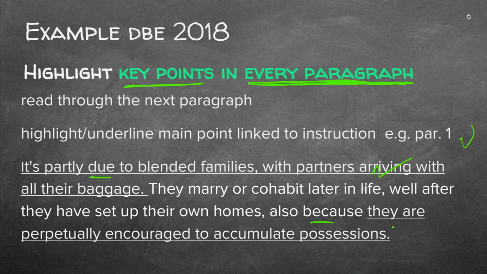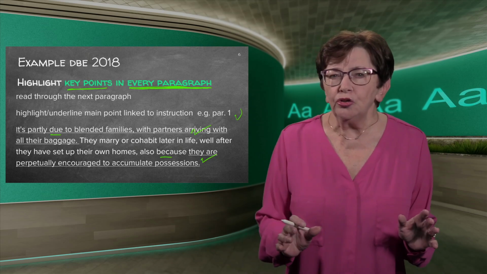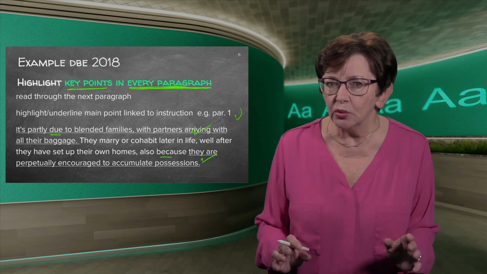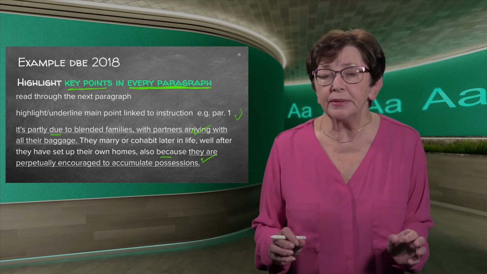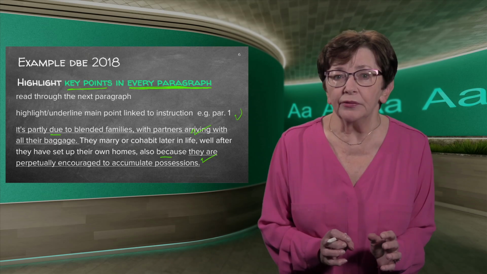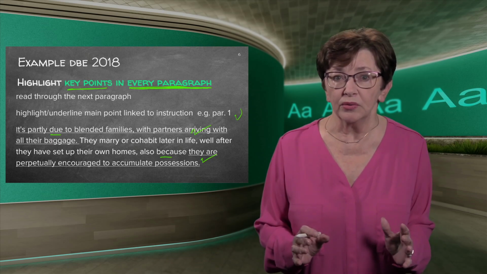And then also because they are perpetually encouraged to accumulate possessions. So two points that I can already find in the first paragraph is that when we cohabit, the partners bring their stuff. And now suddenly you have more stuff.